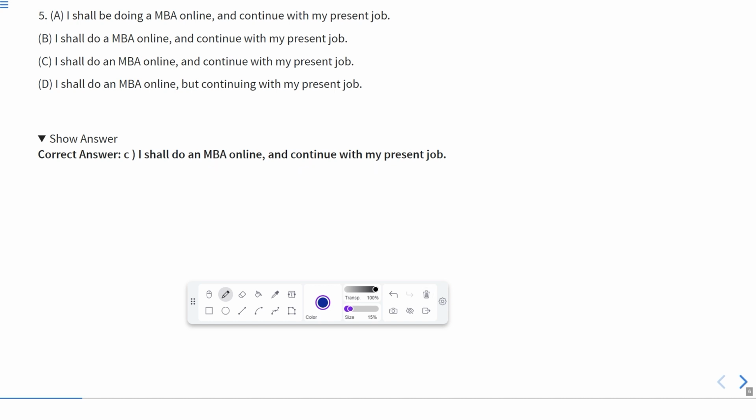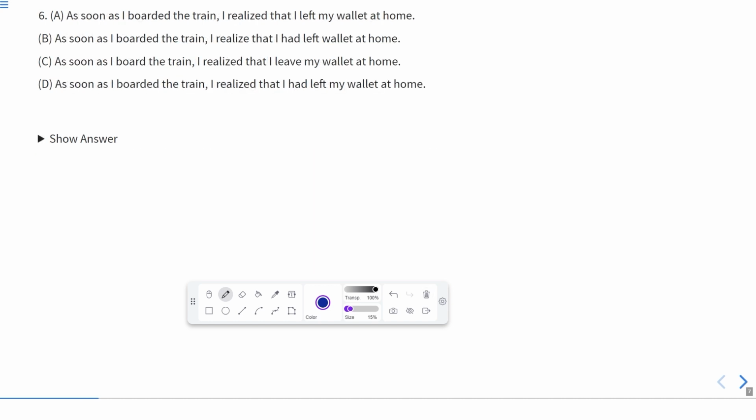Okay, now let us move to the next sentence. Now this one is the sixth question, again containing four sentences. Now let us look at each and every sentence one by one. So A sentence: as soon as I boarded the train, I realized that I left my wallet at home.